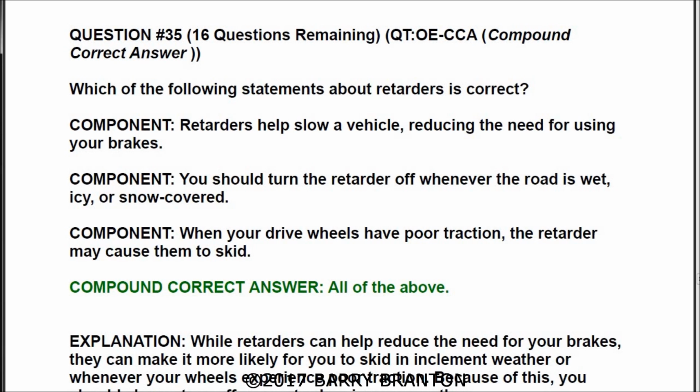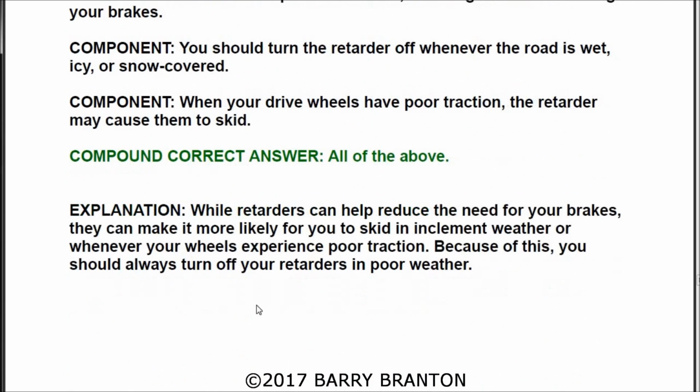And option number 3, when your drive wheels have poor traction, the retarders may cause them to skid. Again, all of the answers are correct. So let's go to the explanation.